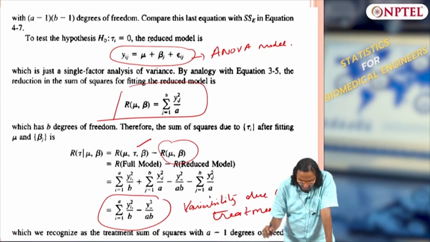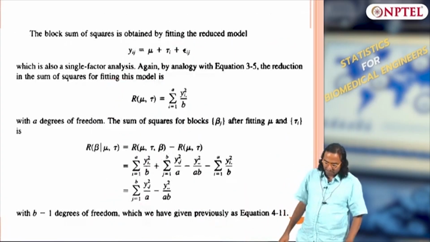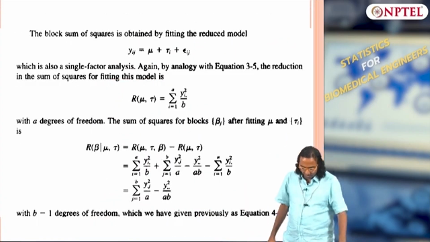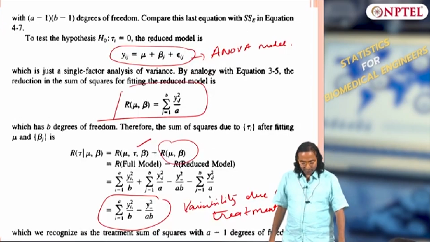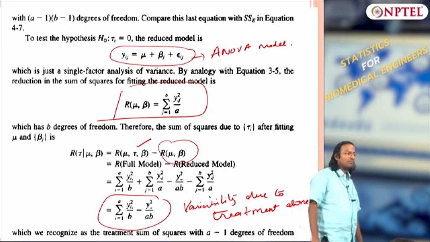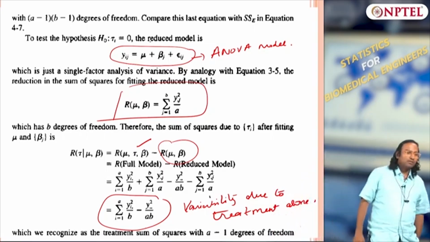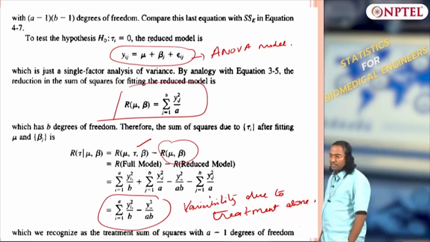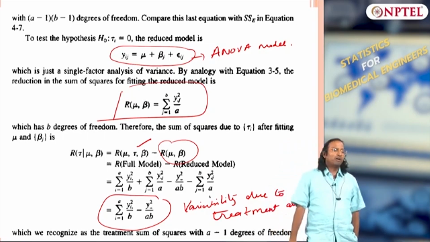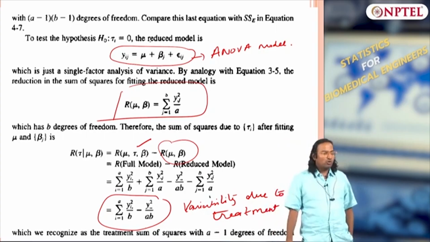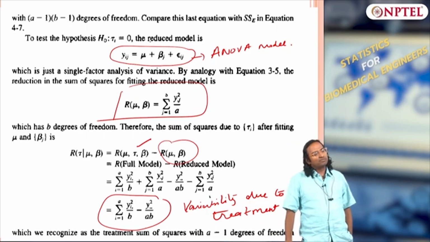Degrees of freedom are known to us, a minus 1 degrees of freedom. So the variance is always in relation to the overall variability. So if your sum square error is low, then it is good.